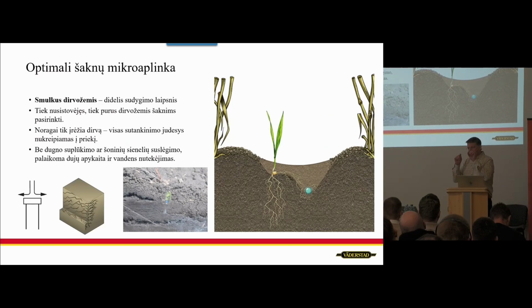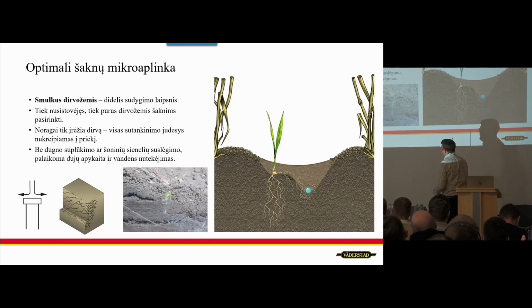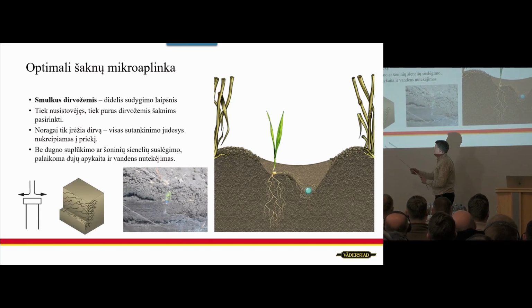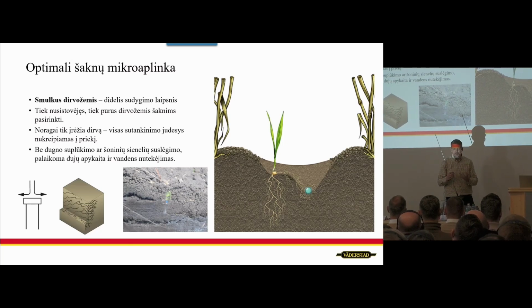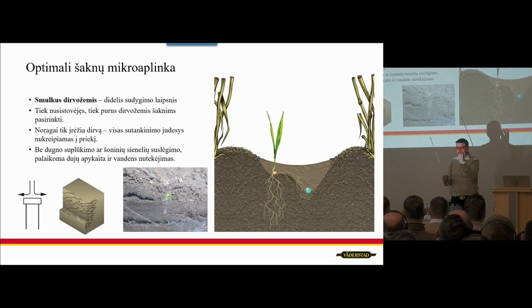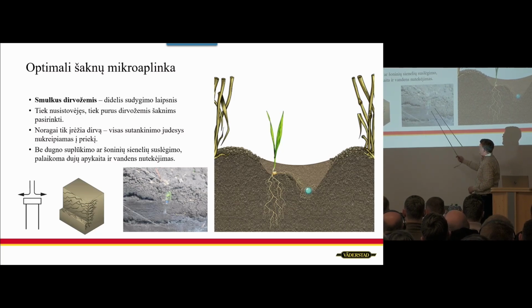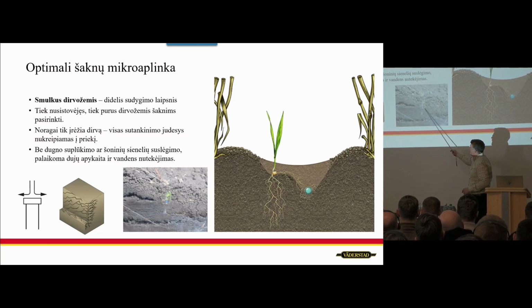And once the seed is in the ground, we get a quite a nice effect. By working with tines, we leave the walls here open, and that gives us a good access to moisture through capillarity. So the shelf we put the seed on, it has direct access to moisture right away. So that's quite important to keep in mind. You can see quite visible here.